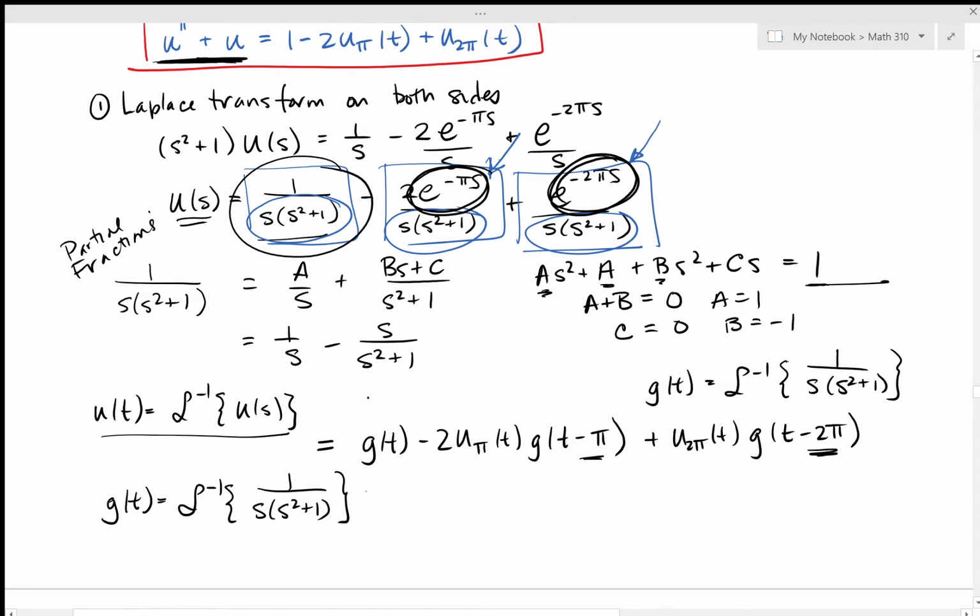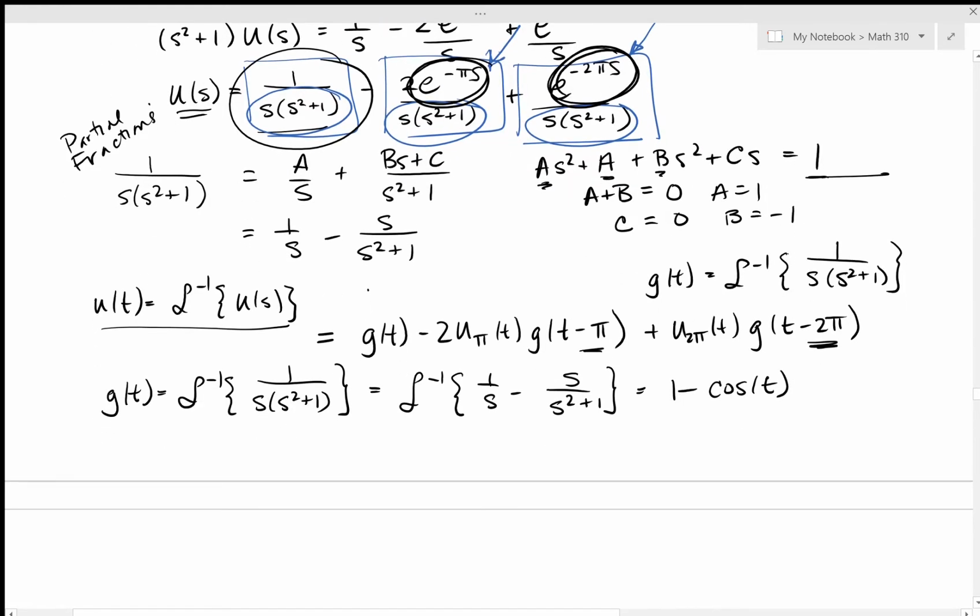And I've done the partial fractions, so that is the inverse Laplace transform of 1 over s minus s over s squared plus 1, and that is equal to 1 minus cosine t. So g of t is 1 minus cosine t.